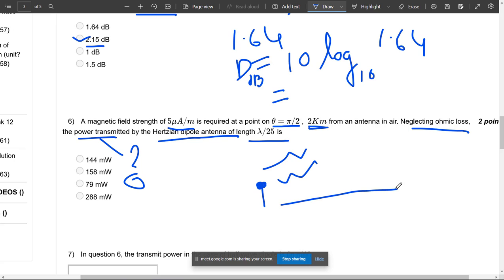At a distance of 2 kilometers, at a point in air, the magnetic field strength is 5 microamperes per meter. So what will be the power transmitted? Power transmitted is asked to us. Okay, got the gist of the question, right?